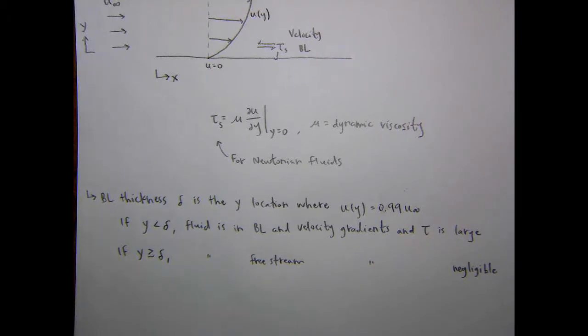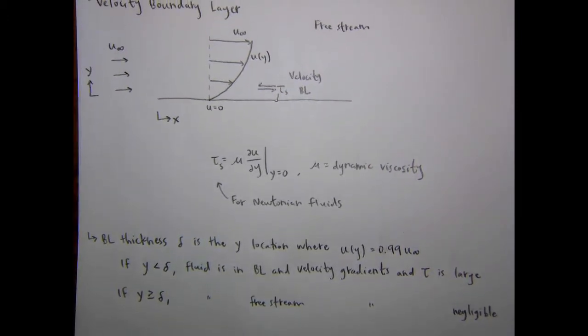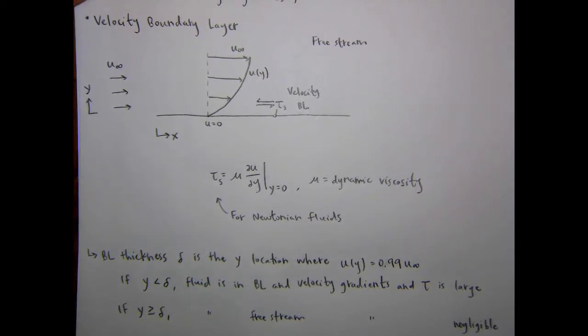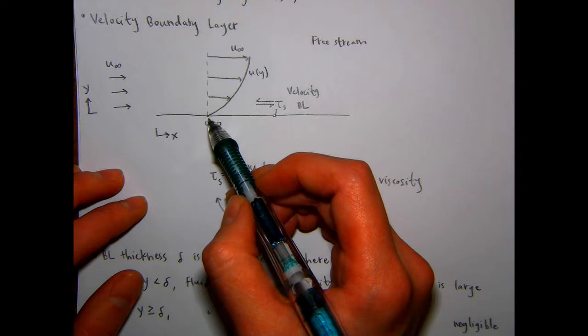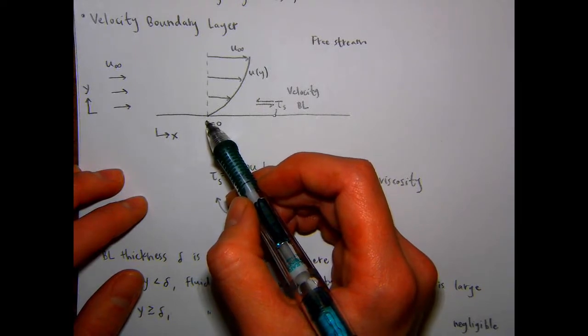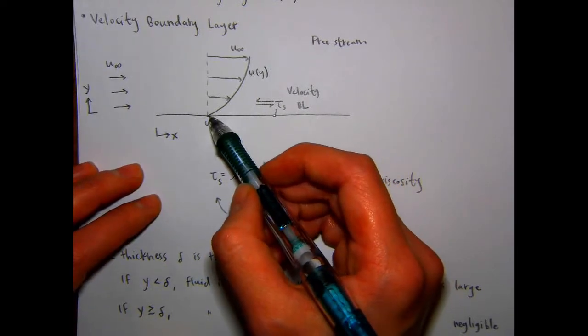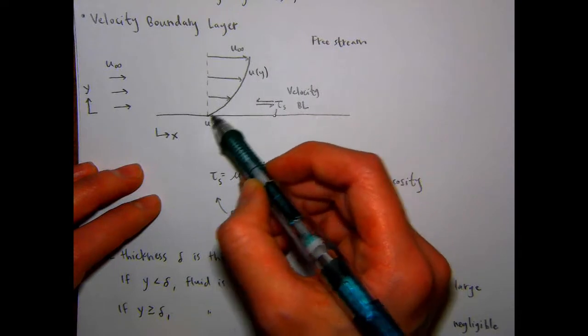And so we usually use the words boundary layer, velocity profile, or just velocity boundary layer to describe how this u changes with y.